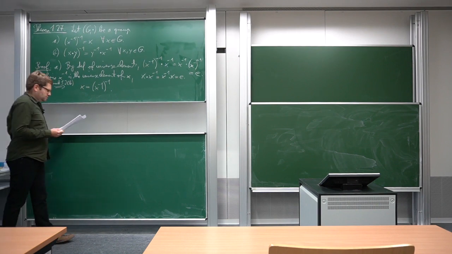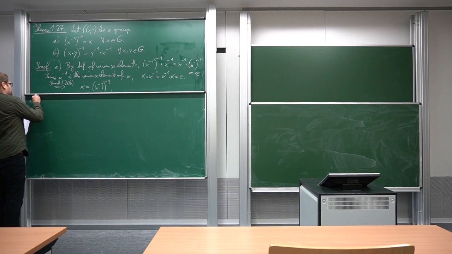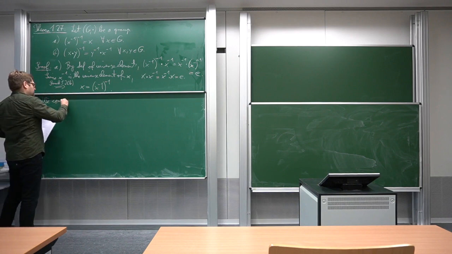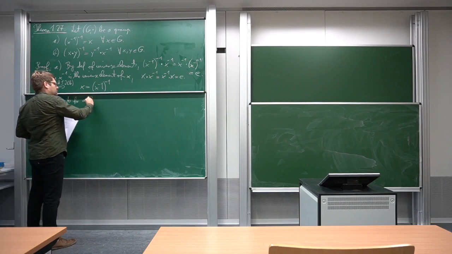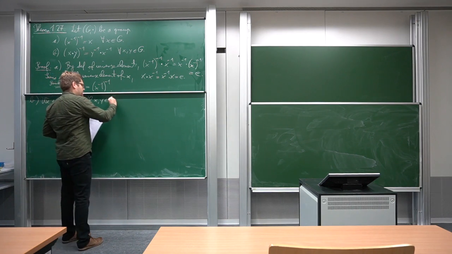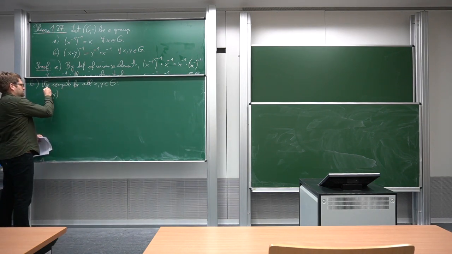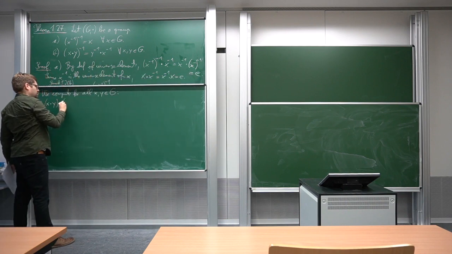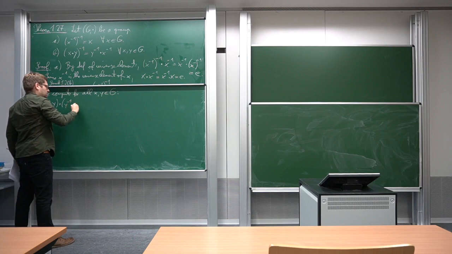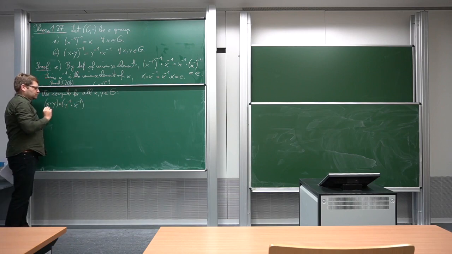To prove part B, it's not that much harder, because again we need to show that this has the right property of inverse elements. Namely, we compute for all group elements x and y, that if we take x times y times this element, that is our candidate for the inverse, we've got this, and we need to show that this gives the neutral element.